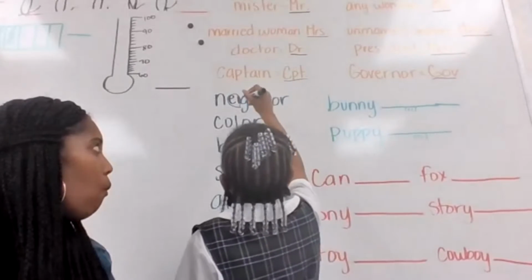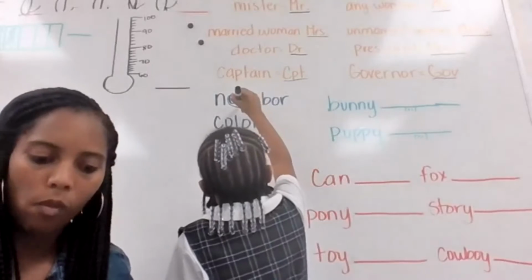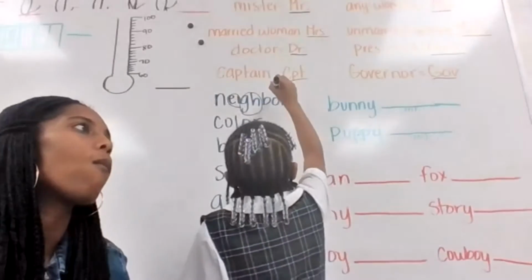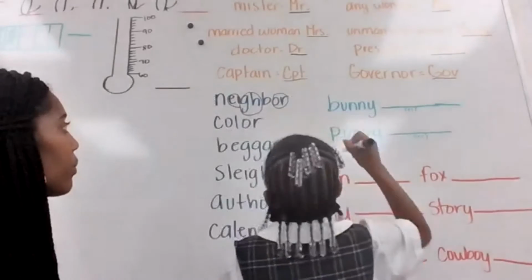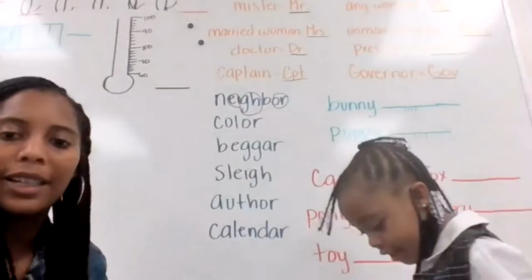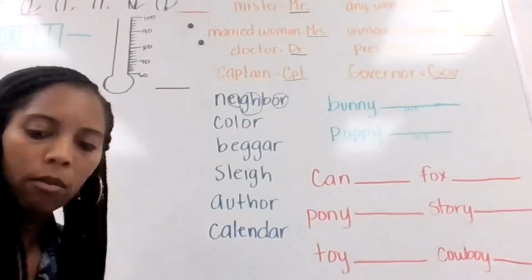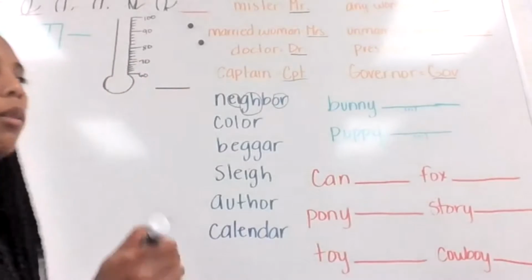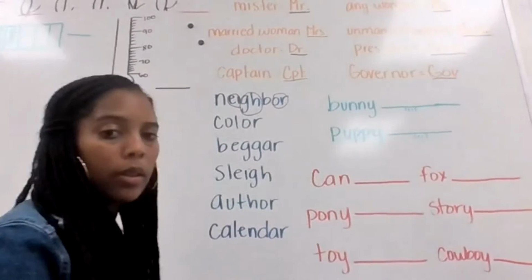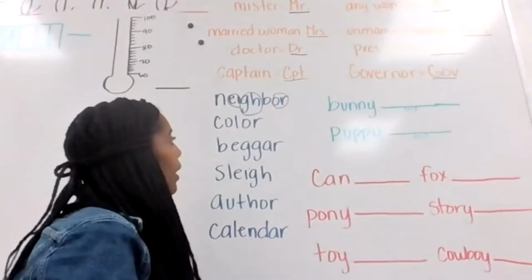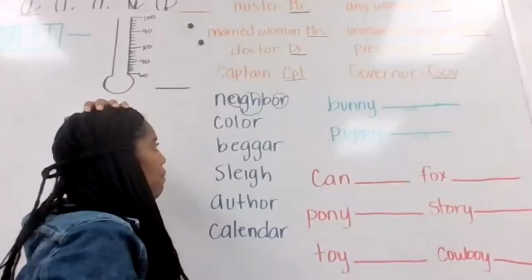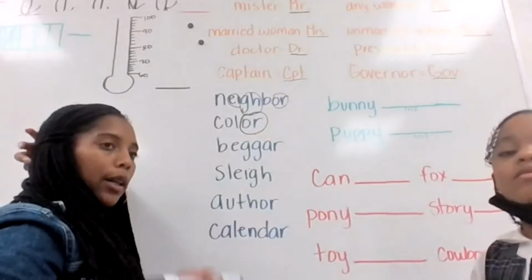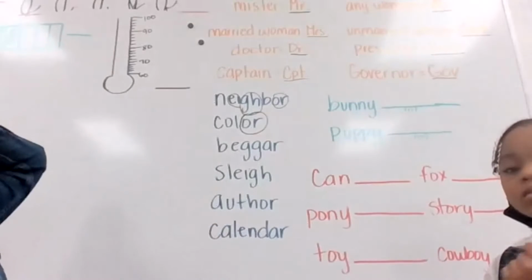That's what we say. Neighbor. Good. Okay. Next one. All right, let's see, Camille. Okay, what are my sounds? Circle O-R-R. What's the word? Color. Okay, Brian. Next one.